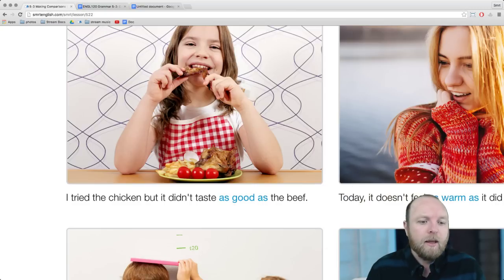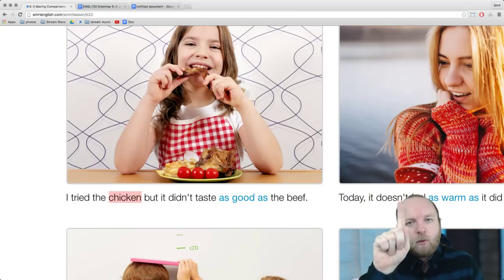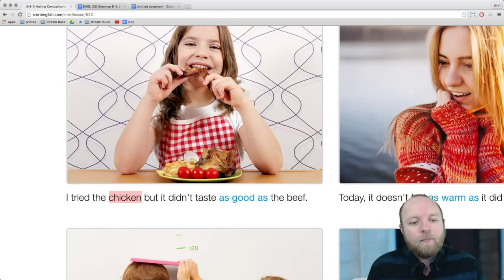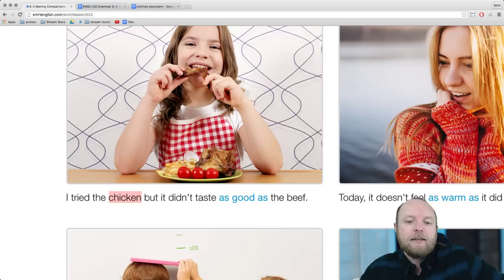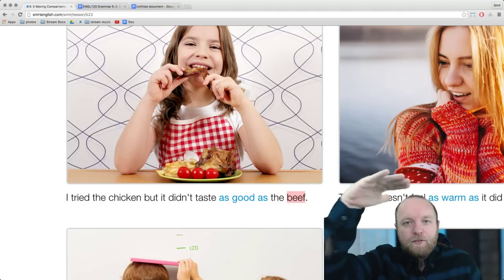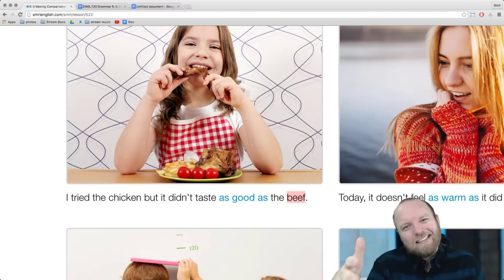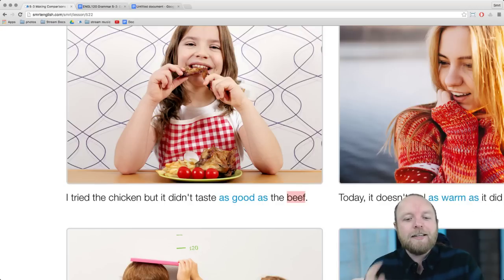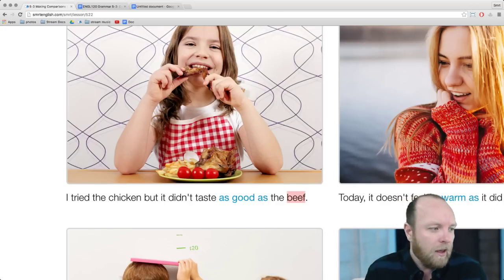So look, chicken is the first one. The first one is less. So which one is more good, is better? Which one is more delicious? Beef. Beef, good. Chicken, not as good. So the chicken is not equal to the beef. So the chicken didn't taste as good as the beef.